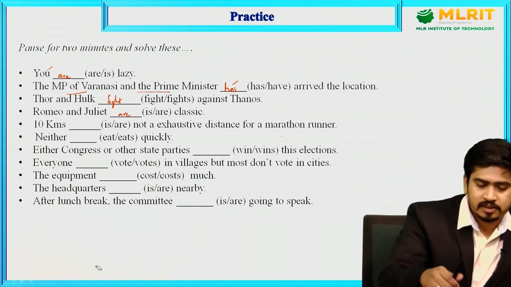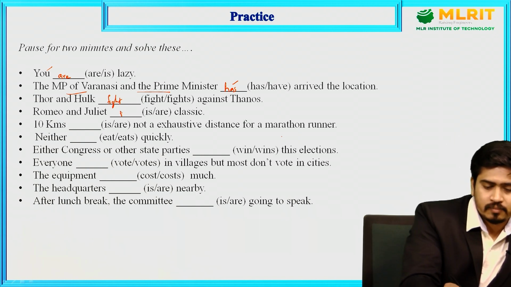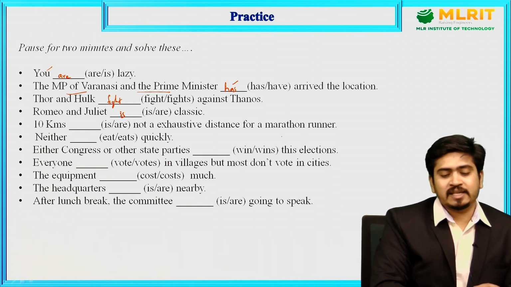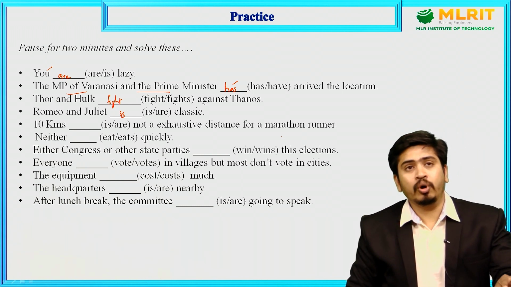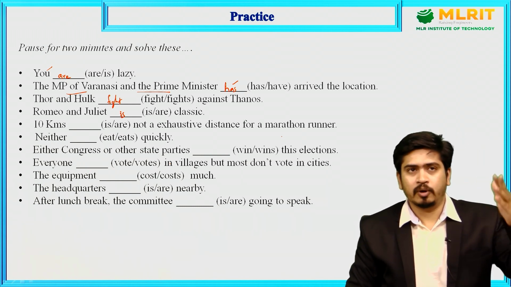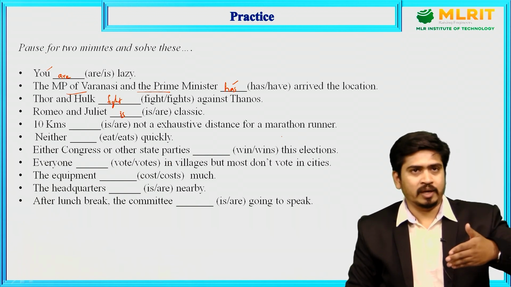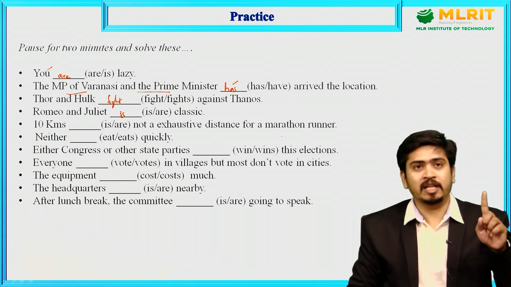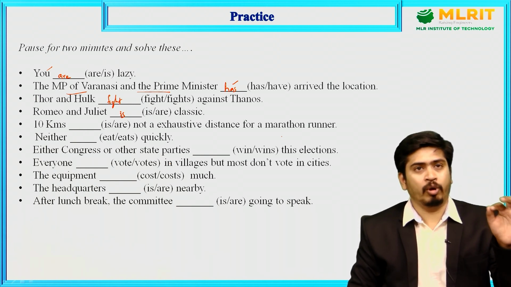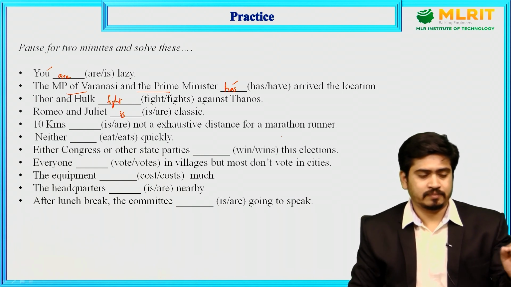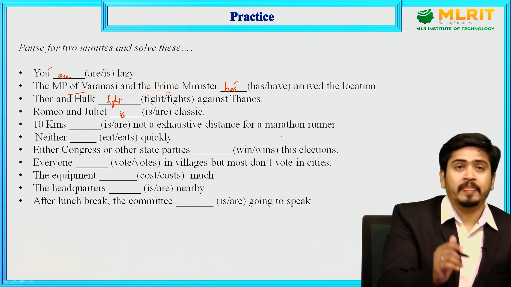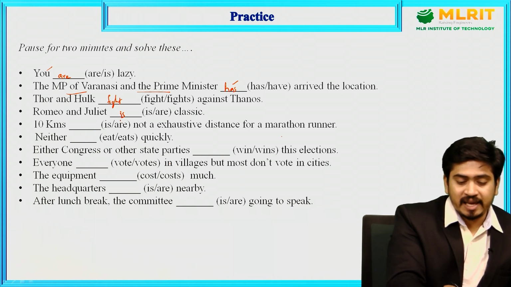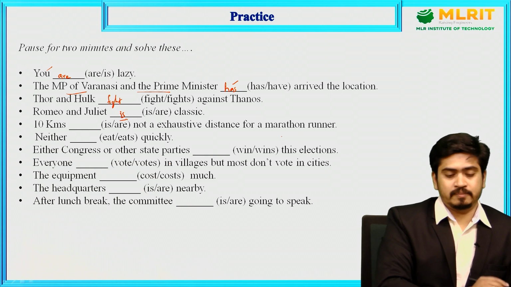The answer is: Romeo and Juliet is a classic. Here, though you see two nouns, Romeo is one noun, Juliet is one noun, but here it is a single unit. It's the name of a novel or drama. Romeo and Juliet is a single drama. Is is a singular verb.